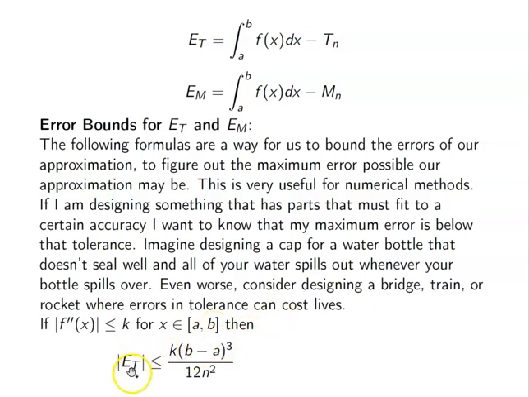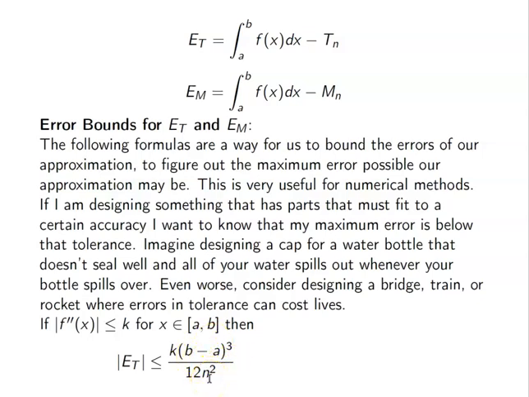So if I can do that, then for my trapezoid rule, the absolute value of my error, whether it's below or above, will always be capped by this value: that value K times the length of my interval cubed divided by 12 and the number of rectangles I'm going to use squared. So my error would always be smaller than this.